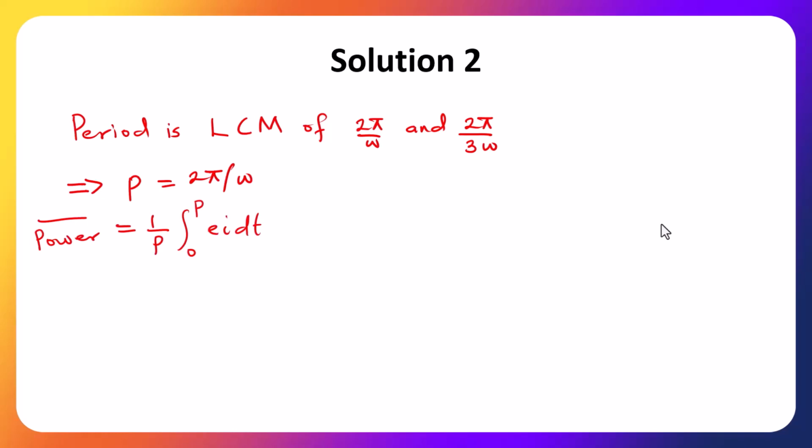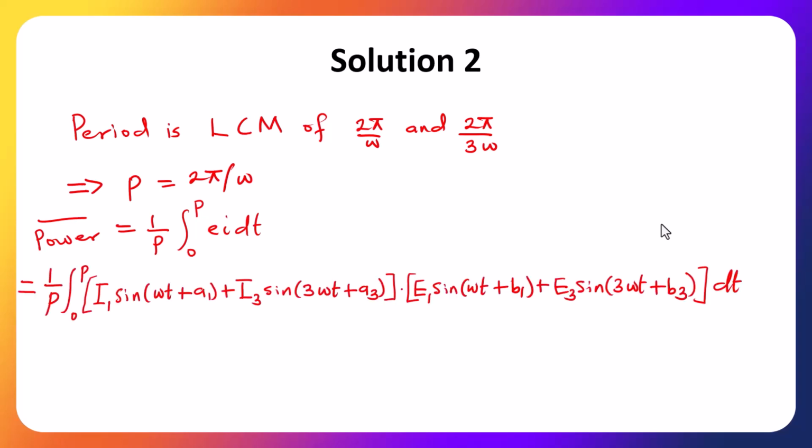For the average power, this is equal to 1 over P, the integral from 0 to P, of e i dt. And this is equal to 1 over P integral from 0 to P of I1 sine omega t plus A1, plus I3 sine 3 omega t plus A3, multiplied by E1 sine omega t plus B1 plus E3 sine 3 omega t plus B3, dt.